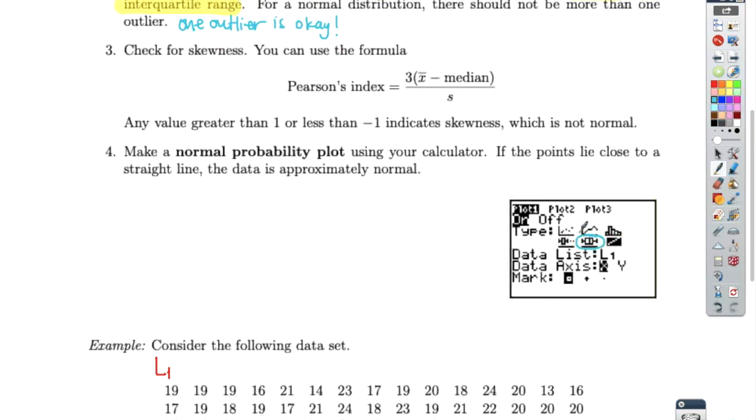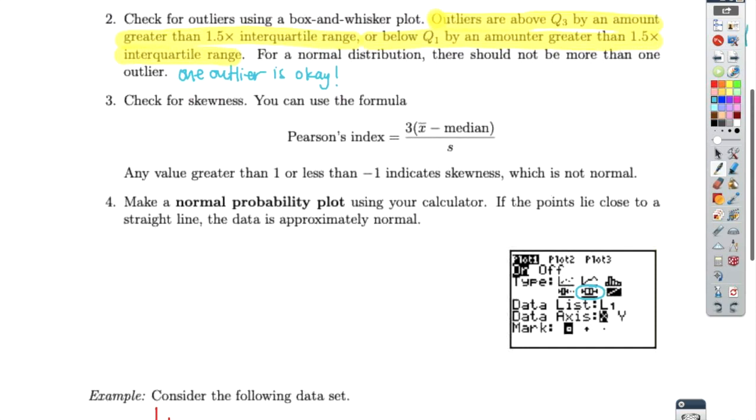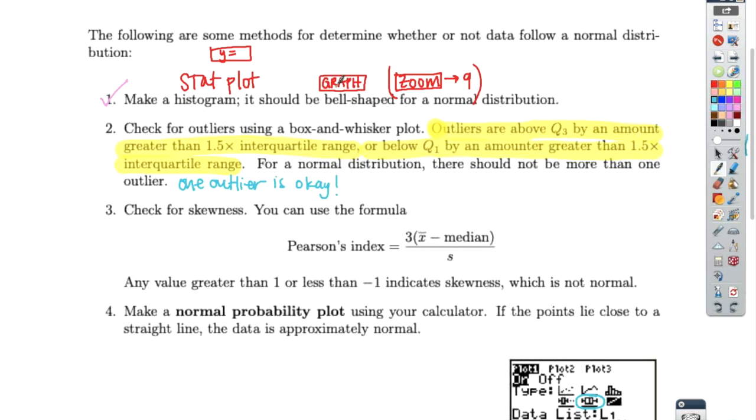Just select the box and whisker plot and then click graph again. If you need to adjust your zoom, you can. Click graph, and then if you need to, click zoom and then 9. It'll re-center your graph for your new box and whisker plot.